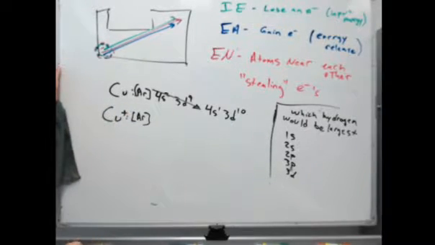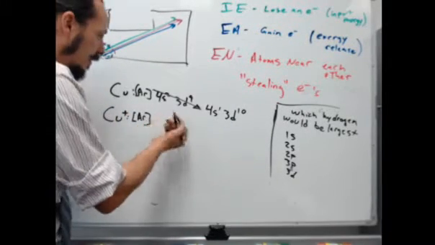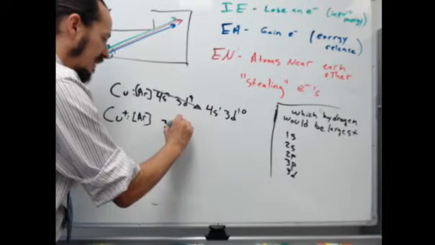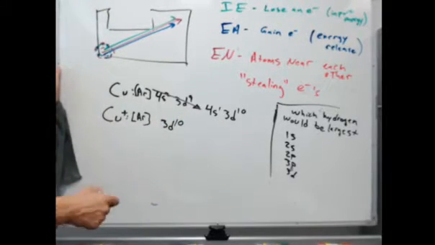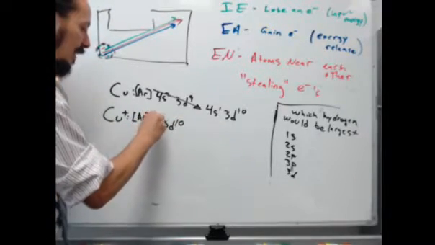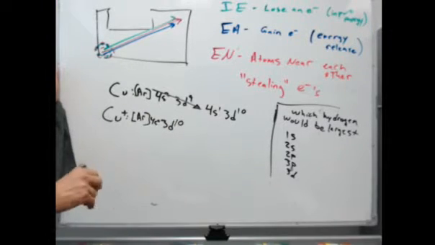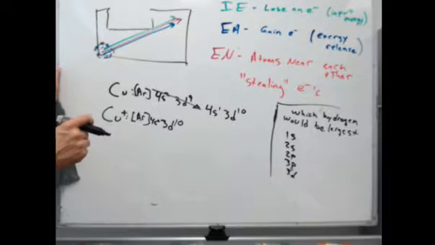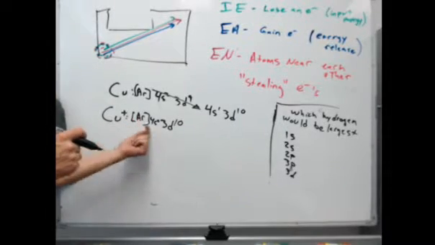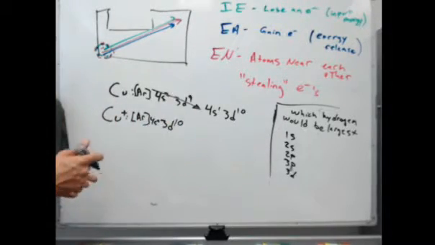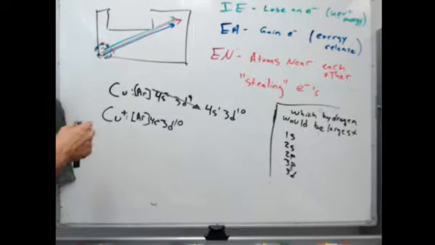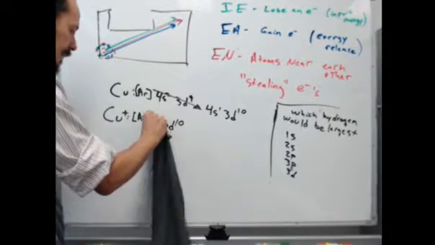Which electron am I going to lose? Yeah. So we're going to just have 3d10. That would be the copper plus. Some people like to put the 4s0 in there. I find it to be kind of redundant information. If I don't write it, of course, there's nothing there. It does show you where the electron was lost from, but it's not there, right?